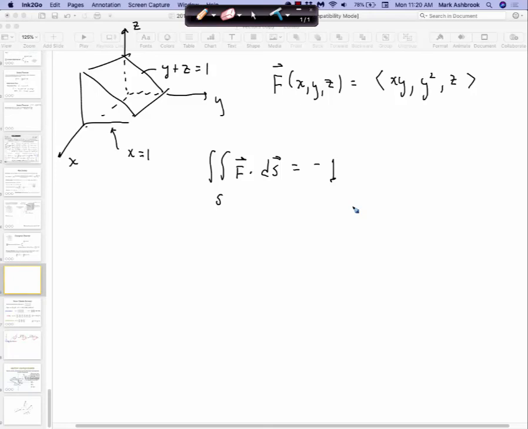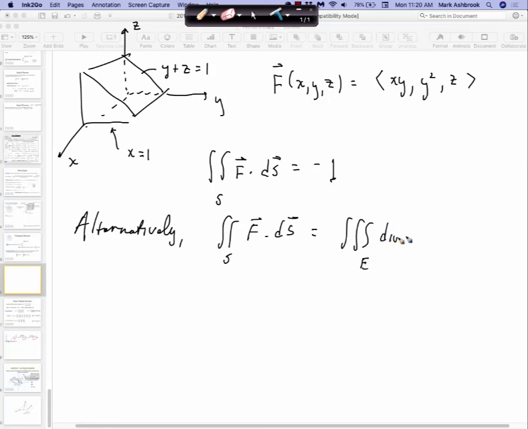So now we have another way to do that. What's the other way to do that? We could find, alternatively, what does it equal? Right, the triple integral over E of the divergence of F. Now, negative 1 was for what?